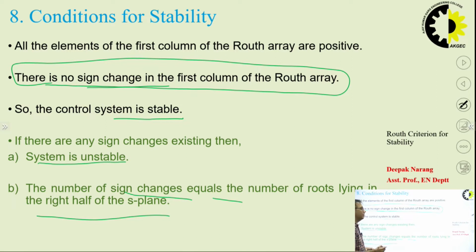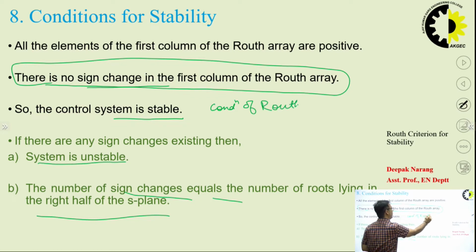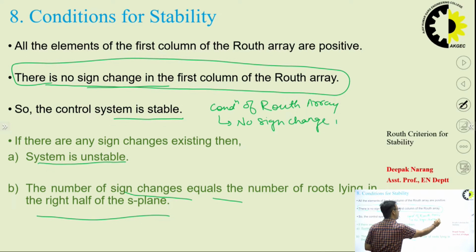So these are the conditions of the Routh array. First, no sign change in the first column.